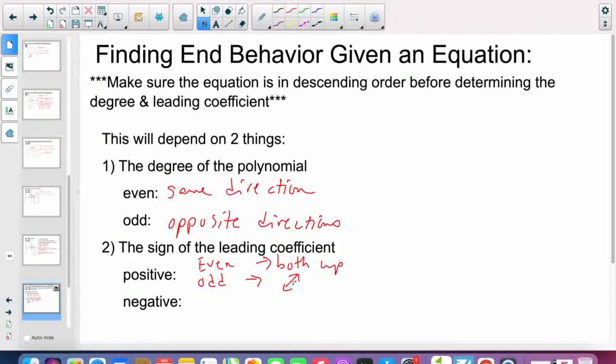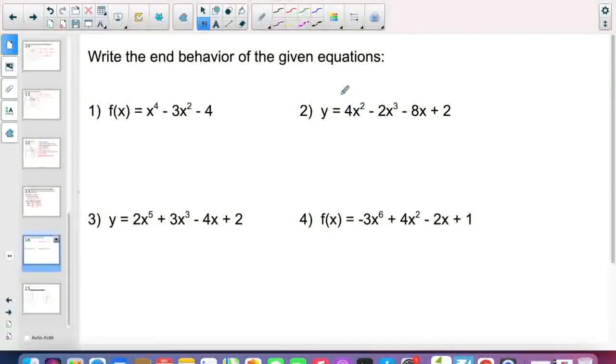So down toward the left, up toward the right. If the leading coefficient is negative and the degree is even, then they would both be going down. If our leading coefficient is negative and the degree is odd, then your function will be going in the direction of a negative slope, up toward the left, down toward the right. So let's write the end behavior of these equations.